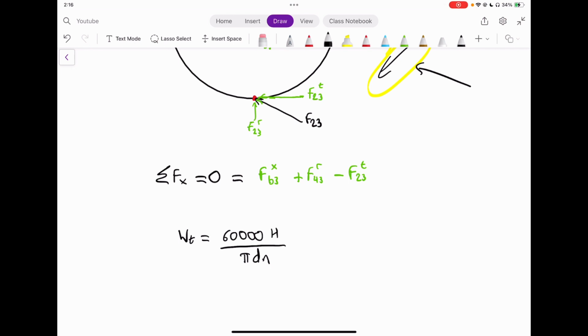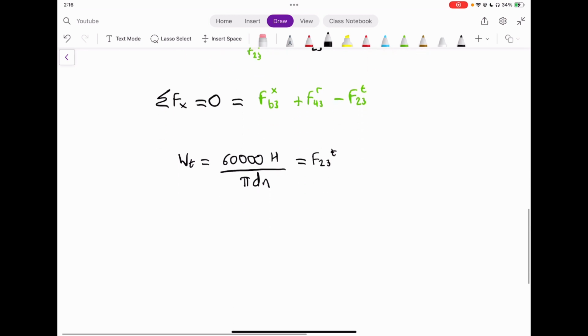So Wt for gear 3 would be equal to the force F23T. We can calculate F23T based on gear 3, but we can also calculate it based on gear 2. The other thing we can find is F32T, or the force of 3 onto 2.